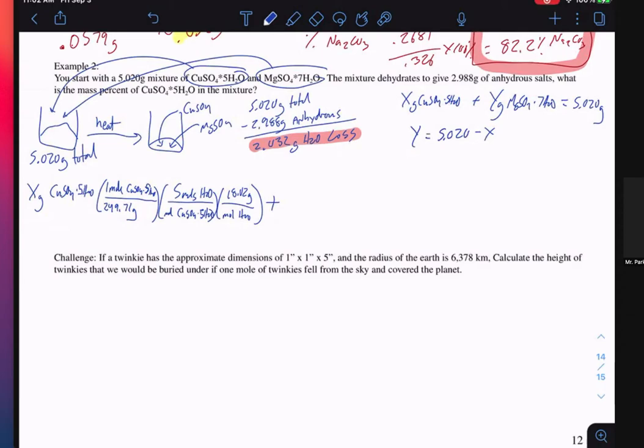So 5.020 minus X grams of MgSO4·7H2O. And what I'm going to do is I'm going to stoich this out and put this in terms of water the same way I did for copper sulfate. So I need the molar mass of the magnesium sulfate heptahydrate, which I think I wrote down ahead of time.